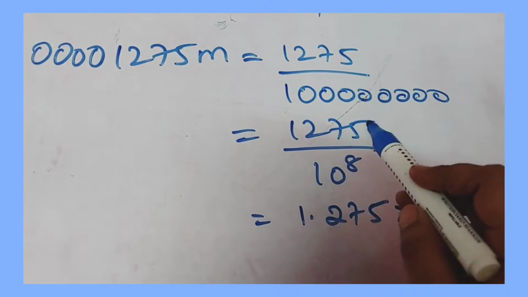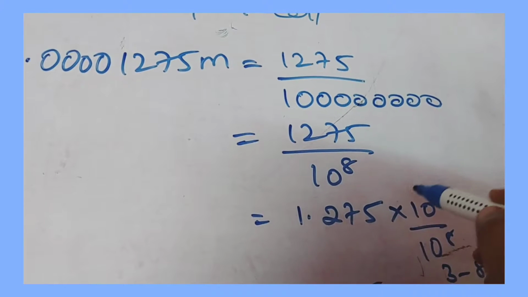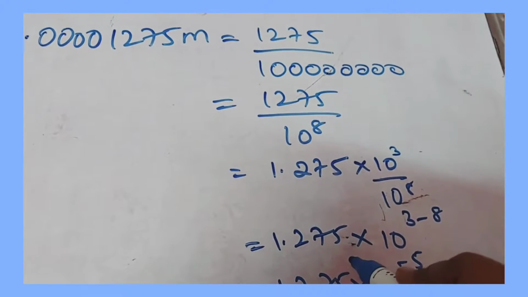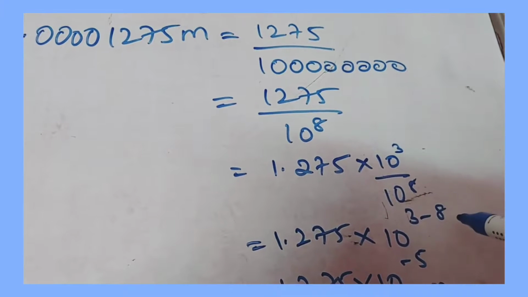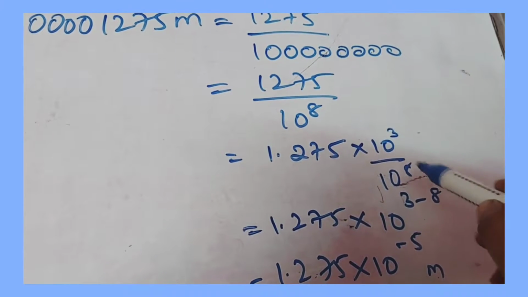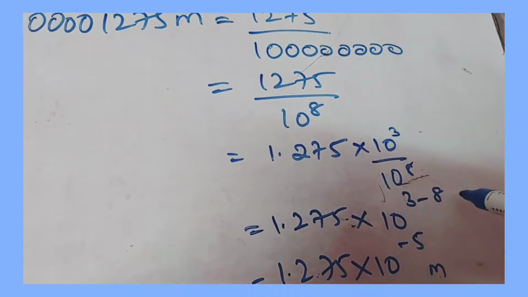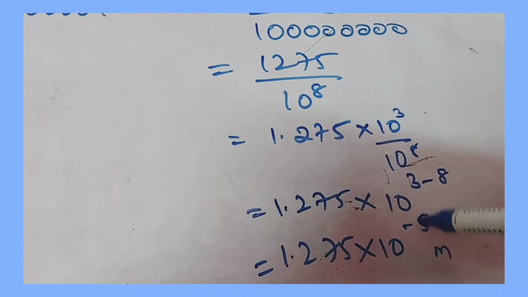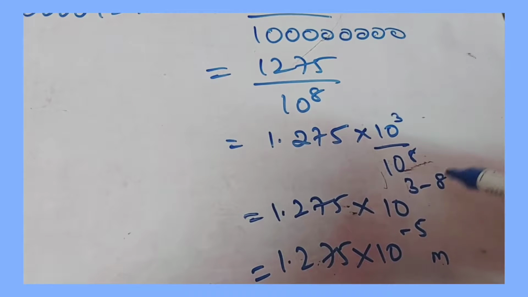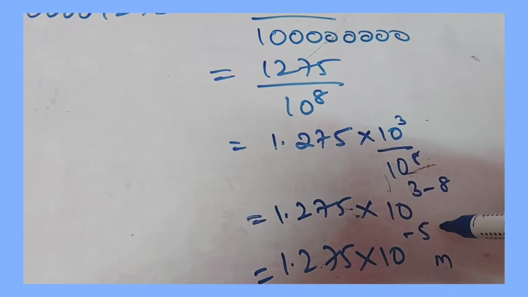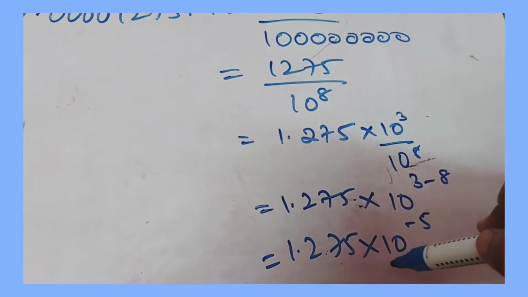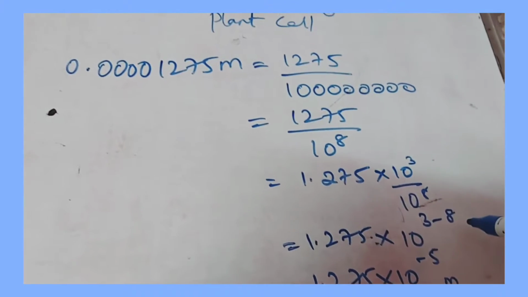So 1.275 into 10 to the power of 3 by 10 to the power of 8. Now 1.275 into 10 to the power of 3 minus 8. Since it is by, we take minus 3 minus 8, which is 8 minus 3, that is 5. So the answer is 1.275 into 10 to the power of minus 5.